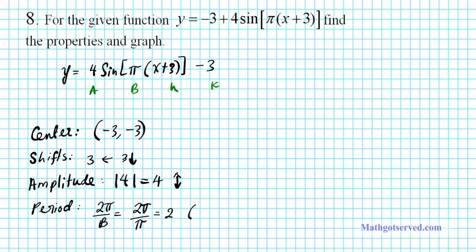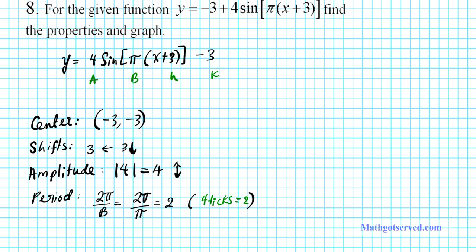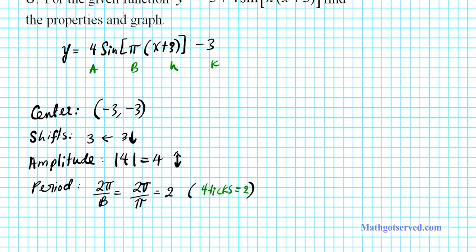And then that tells us that we're going to have 4 ticks to be equal to 2. All right, now we have that down. The frequency is simply the reciprocal of the period, or B over 2 pi. So that's going to be 1 over 2.